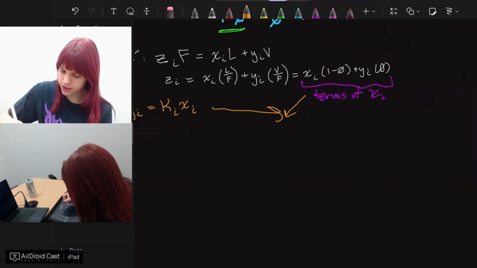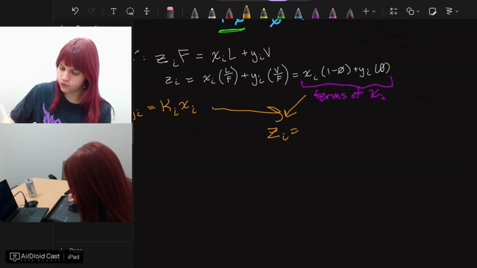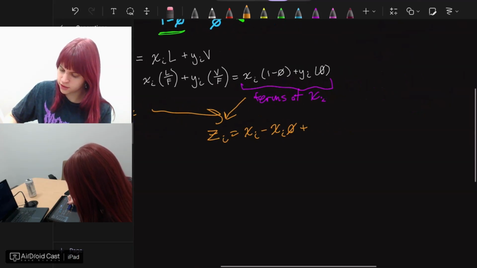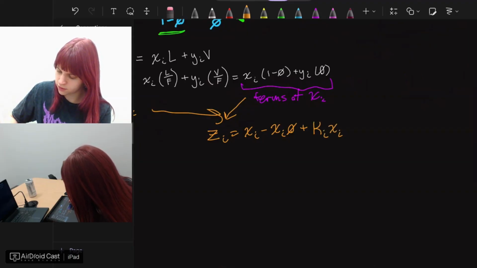So I'll just rewrite that Zi is equal to Xi minus Xi phi plus Ki Xi times phi.